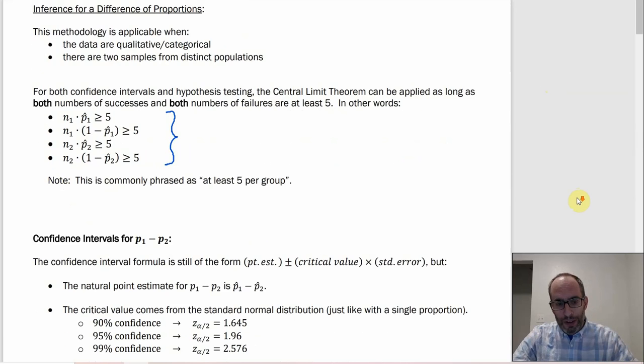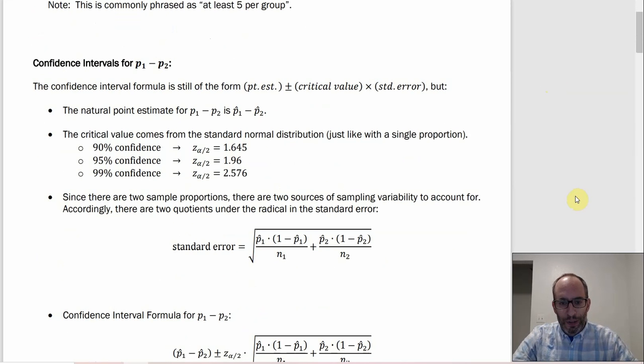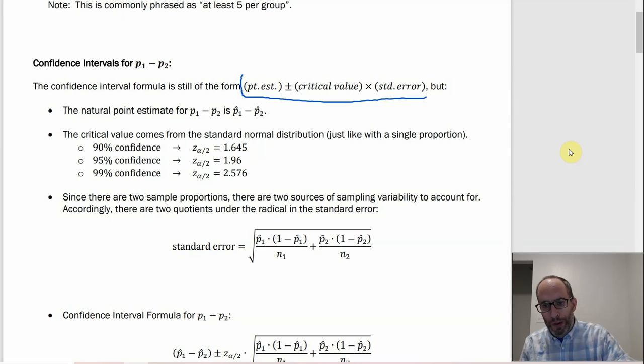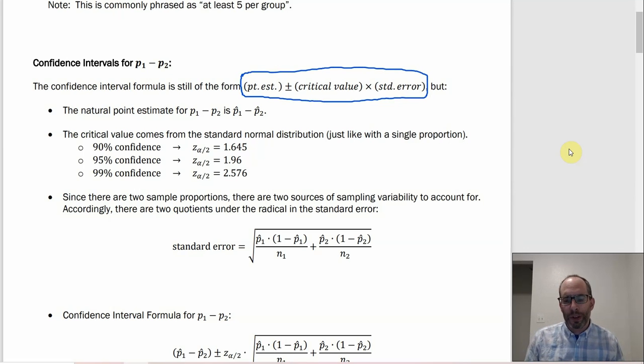All right, then the confidence interval formula, it's still going to be the same general setup. So the general setup is right here, where it's point estimate plus or minus the critical value times the standard error. But the point estimate and the standard error, especially the standard error, are going to be a little more elaborate now.